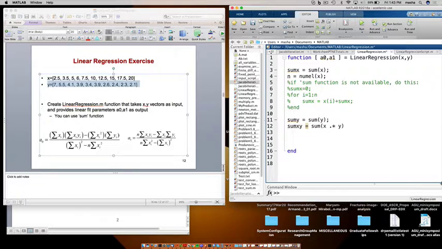So a vector that has element by element x of i times y of i is x dot times y, right? That's a vector. So if I sum that, I'm going to get this sum. This is when vectorization is available. Otherwise, I don't do it by hand.